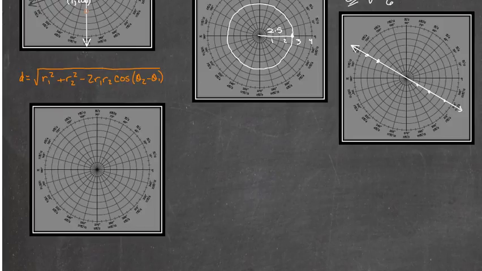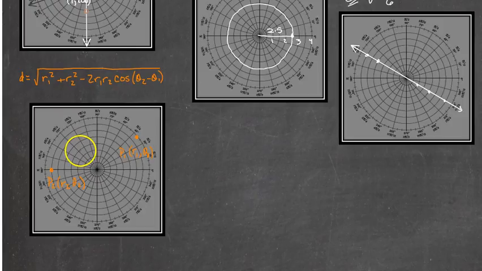If I have 2 points on a polar plane that don't necessarily fall in standard position, just any 2 points, say this point and this point, I could call this point P1, and that would be r1, theta 1. And if this point were P2, the coordinates would be r2, theta 2.